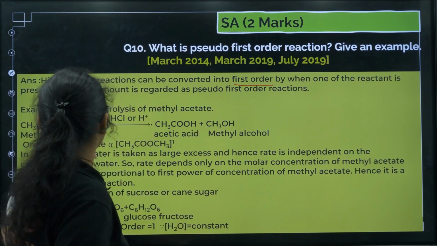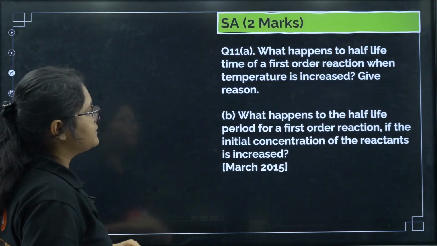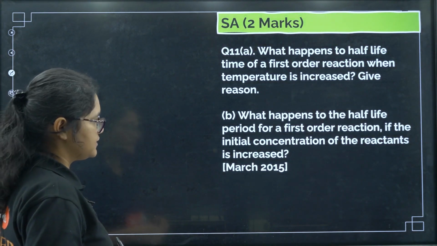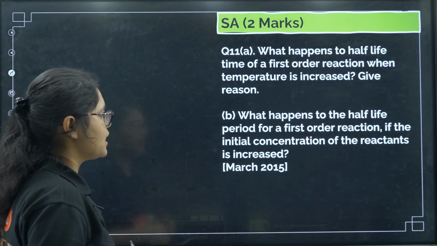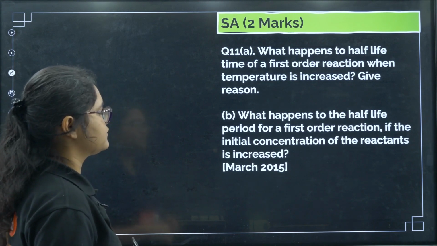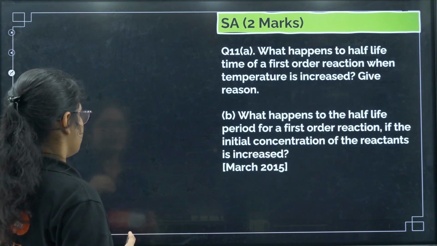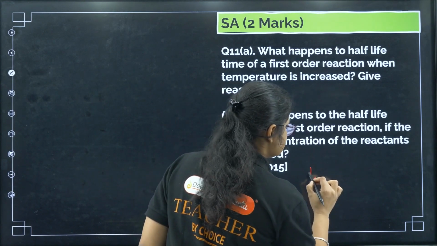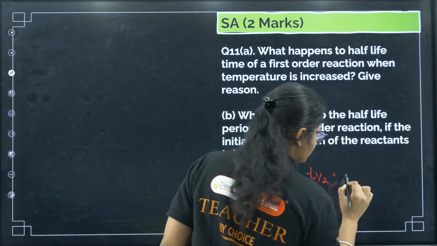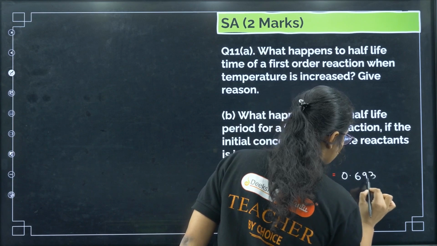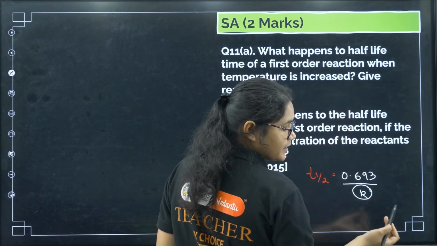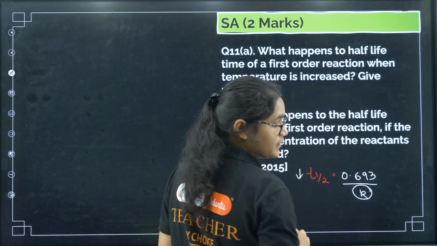Fine. Next, what happens to the half-life time of a first order reaction when the temperature is increased? Give reason. What happens to the half-life period of a first order reaction if the initial concentration of the reactant is increased? If you see the T half of a first order reaction, it is 0.693 by K. Now if you increase the temperature, K will increase, and if K increases, half-life will decrease.